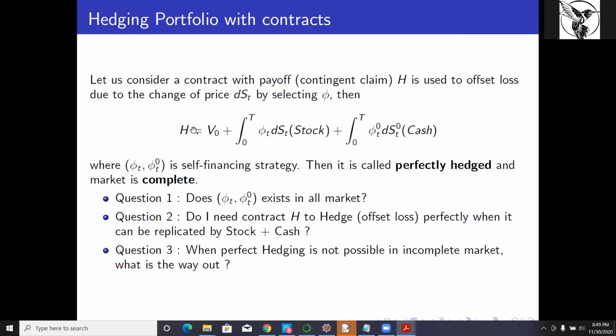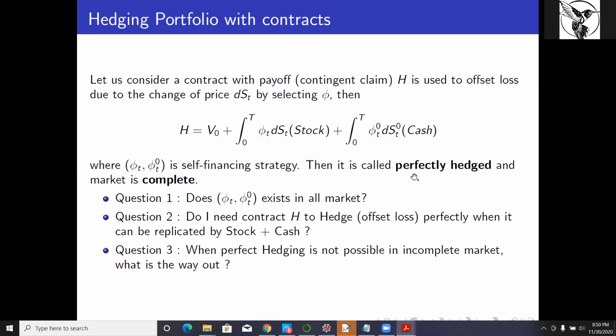Now, what happens when this equation does not hold true? So there is no self-financing strategy that gives you this particular condition. In that case, there will be a difference between these two, H minus all these values.